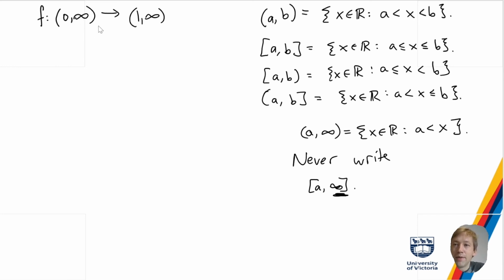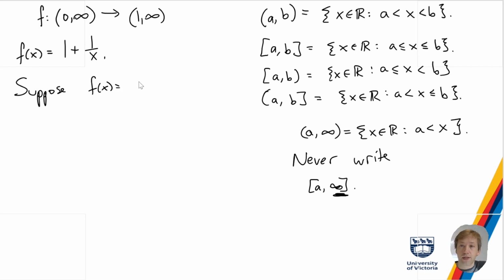So let f be the function from this set to this set, such that f of x is 1 plus 1 over x. I claim that it is injective. Suppose f of x equals f of y for some x and y in the domain of f, so between 0 and infinity.